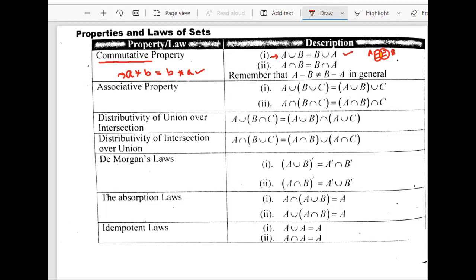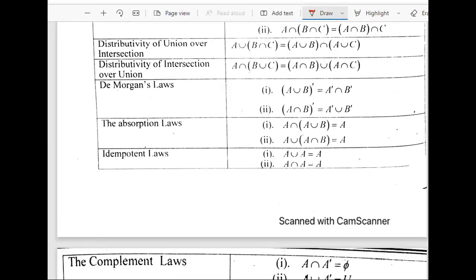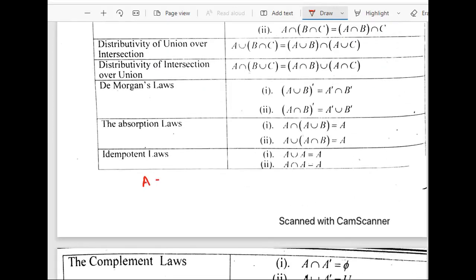You know why? We discussed this minus sign, right? For example, let's say we have a set A and A has 1, 2, 3, and B has 3, 4, 5. If I talk about A minus B, I told you in A minus B, we will have all the elements of A except those which are coming in B as well.